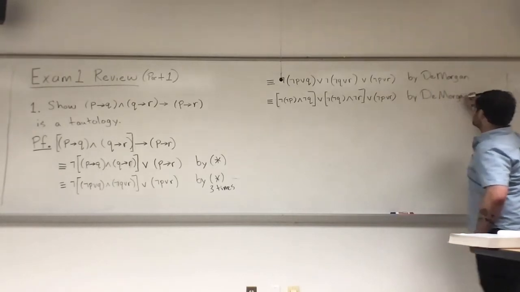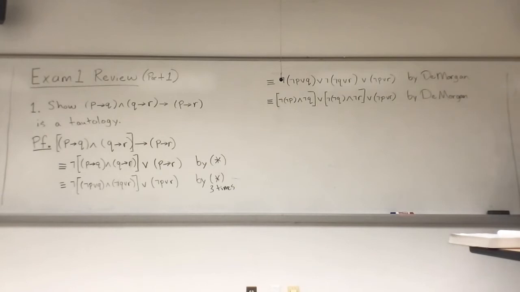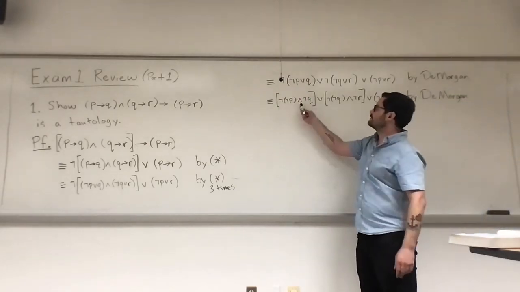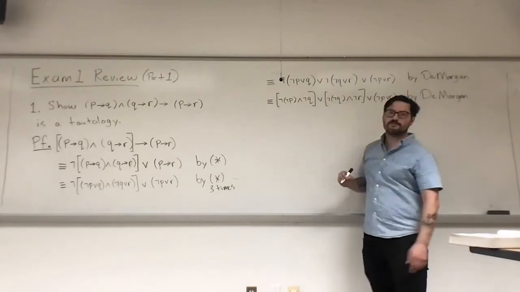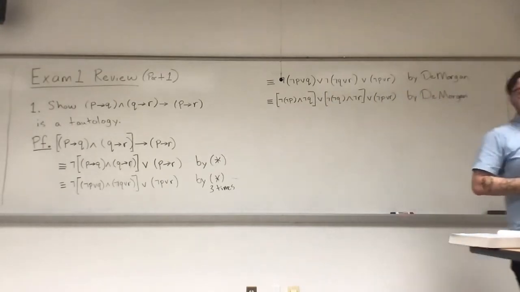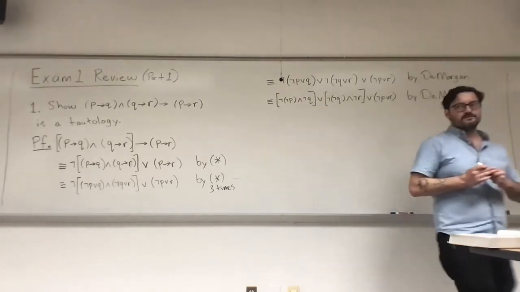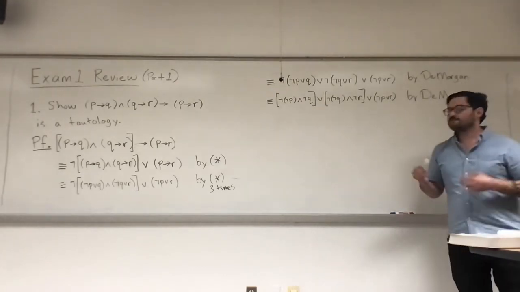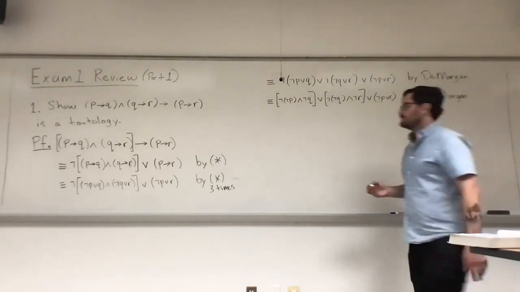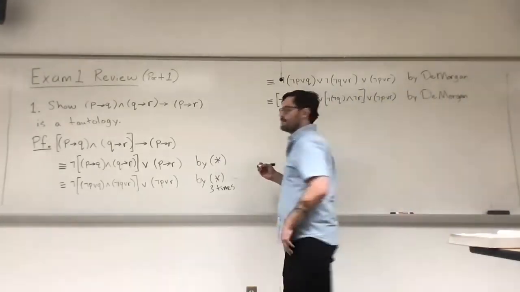Again. Right? All I did was send that negation in there, comes that, send that negation in there, it's that. Now, I see double negation happening there. Double negation, negation of not P is just P. Okay? So things are starting to collapse.